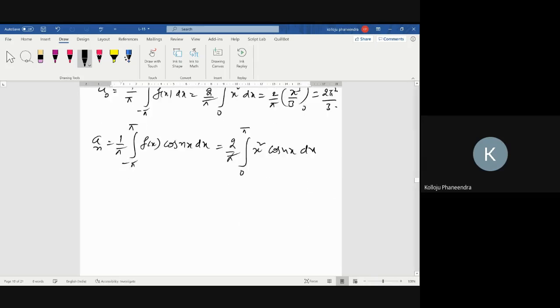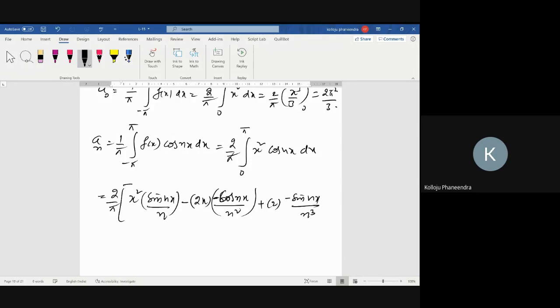By the parts formula, repeated: x square times the integral of cos nx, which is sin nx by n, minus 2x times minus cos nx by n square, plus again 2 times sin nx by n cube. This total is taken between 0 and pi.